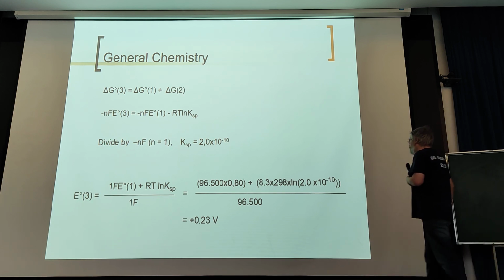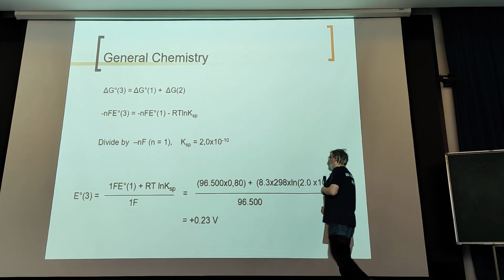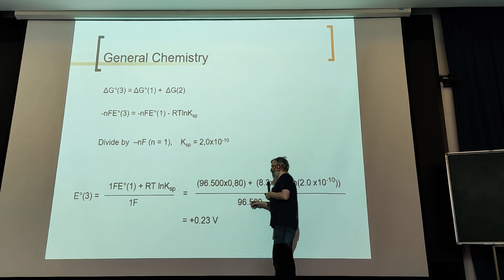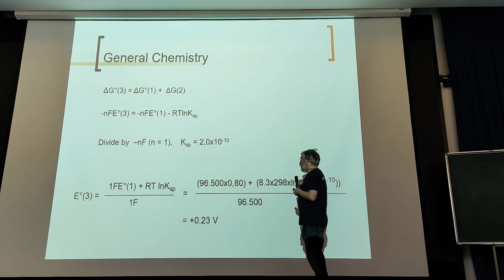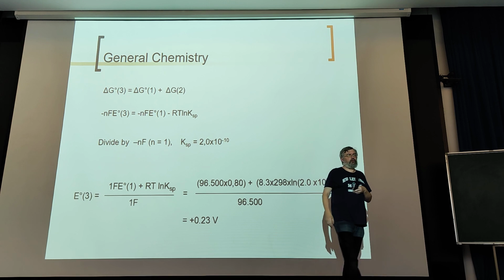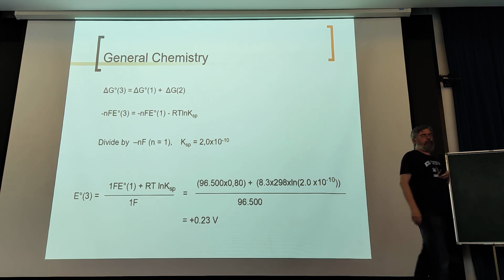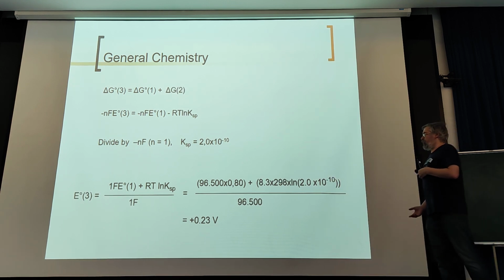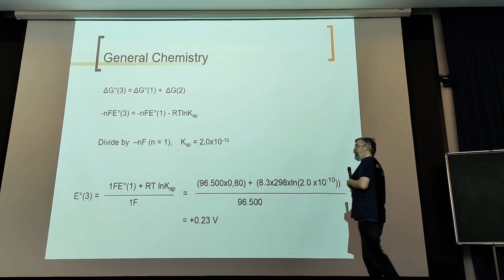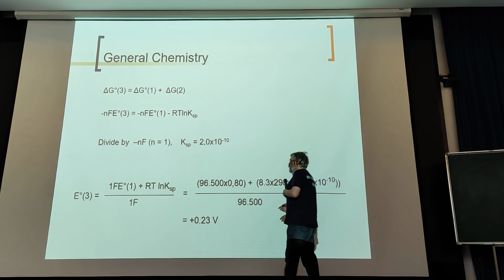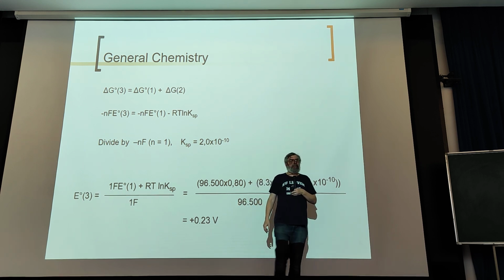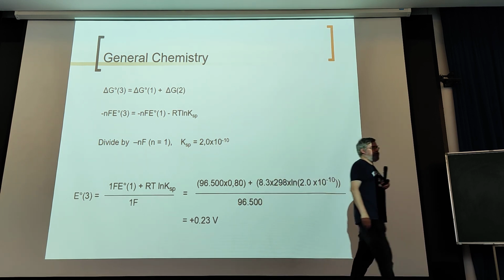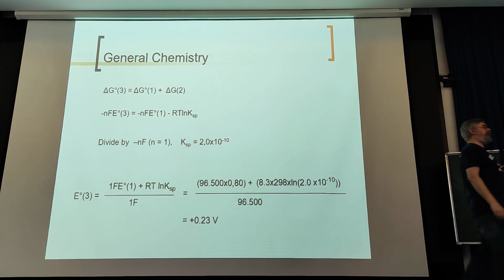Sometimes I mess it up. And if you calculate all of that, because these are all numbers that you can calculate, you end up with 230 millivolts. So that means the precipitation, using silver chloride instead of free silver, brings it down from 800 to 230 millivolts. So it becomes a weaker oxidant.